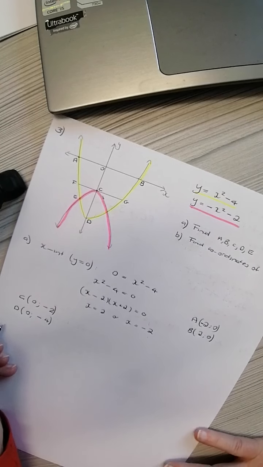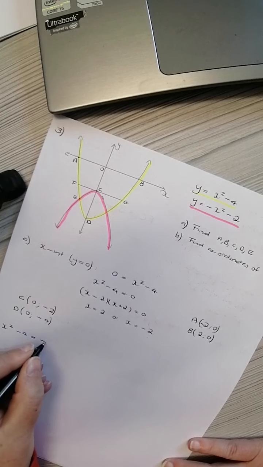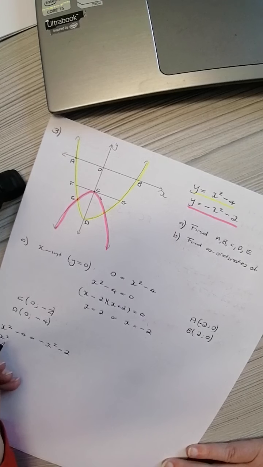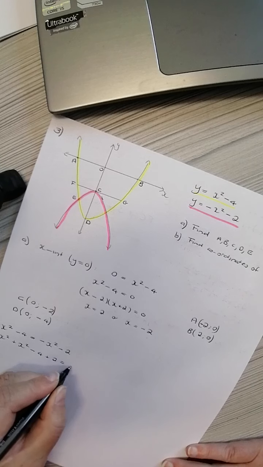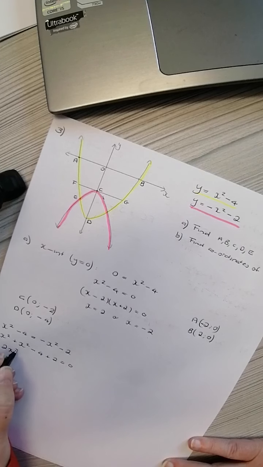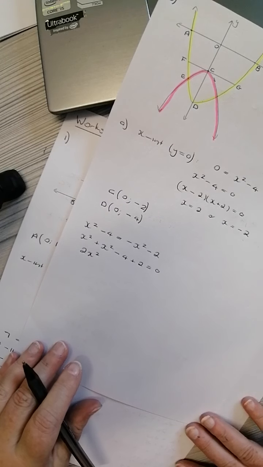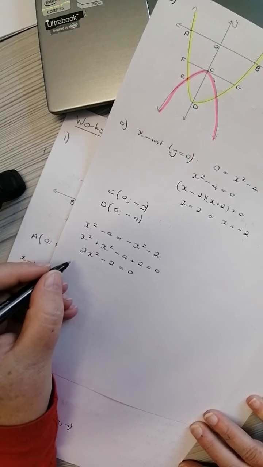So, in other words, we make the two parabolas equal each other. Bring across the x squared, bring across the 2, equal 0. So we have 2x squared minus 4 plus 2 is -2, equal 0.